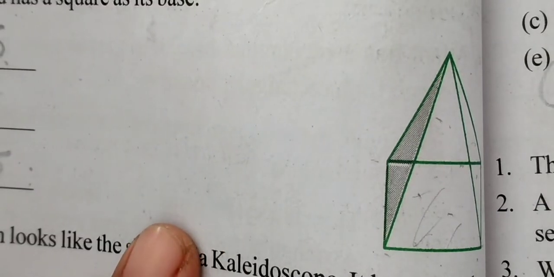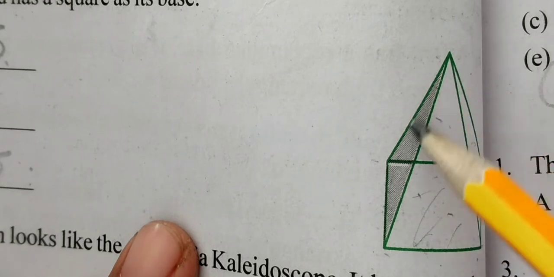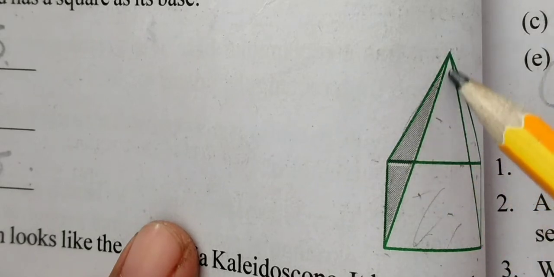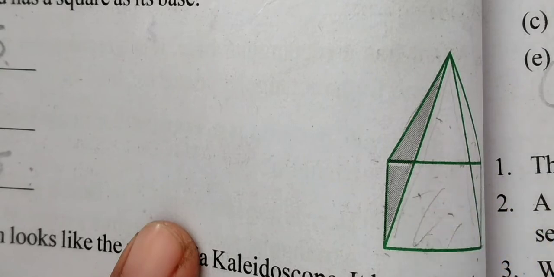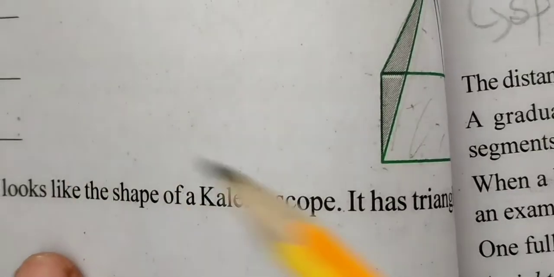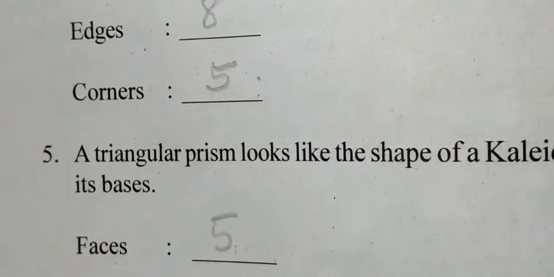Now let's count, come on. How many? Why 8 edges? You can see here 4, 1, 2, 3, 4, then 5, 6, 7 and 8 edges in all, and corners, 4 corners of the base and 5th corner at the top, so 5 corners.